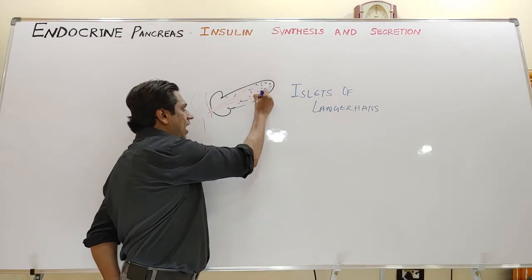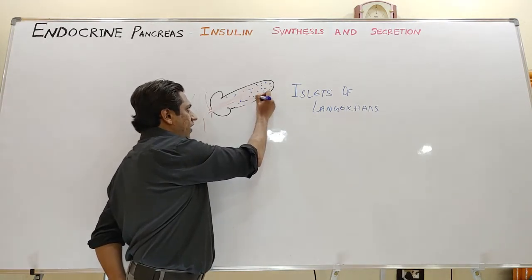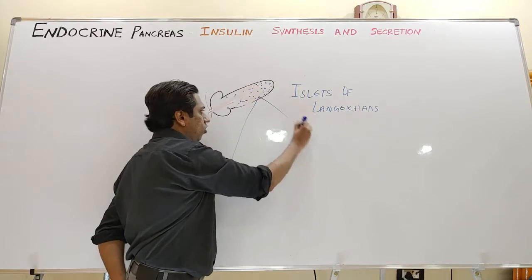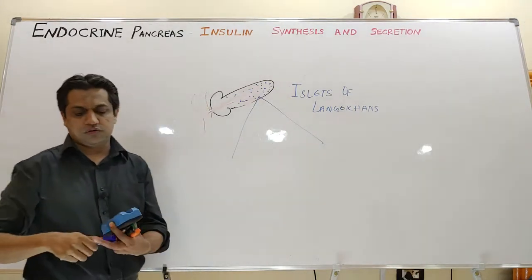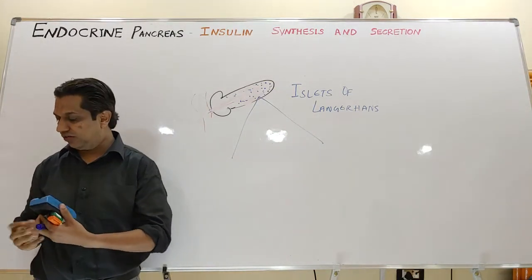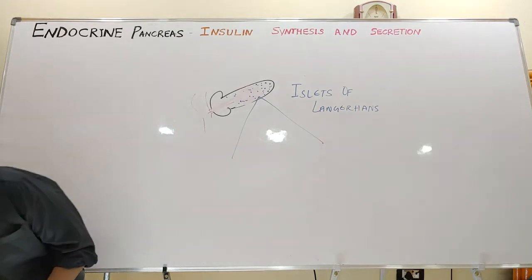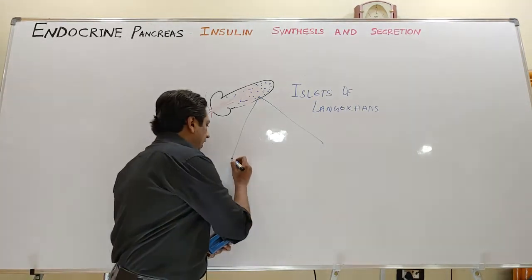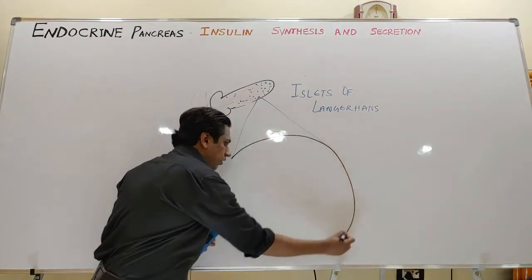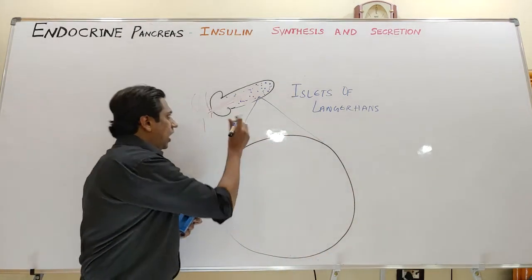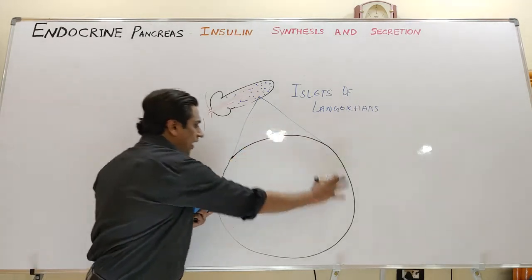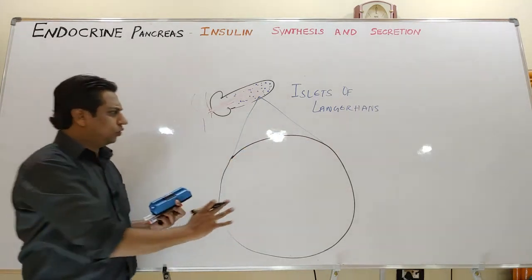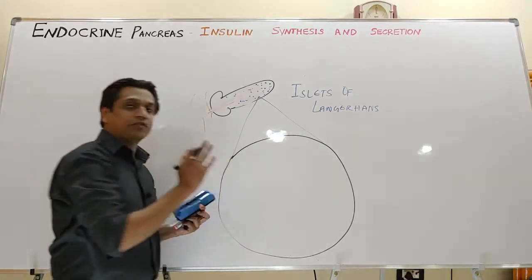If we enlarge one of these 1 to 2 million islets and see it under a microscope, how does it look? I'm drawing a diagram of the histological structure of the islets of Langerhans. This is one islet, and it constitutes around 2000 to 2500 cells.